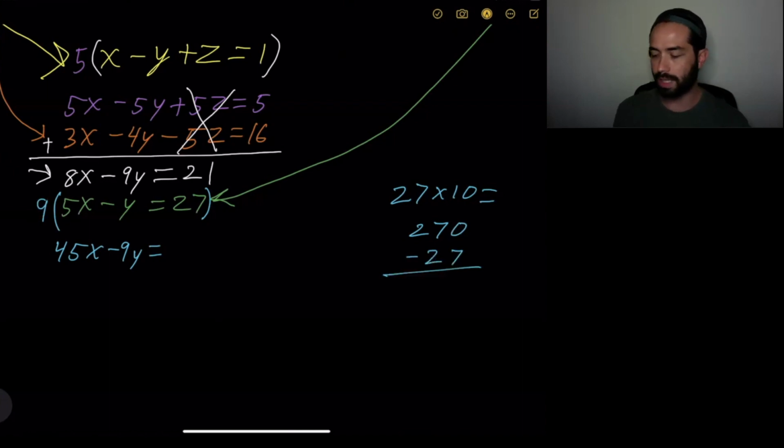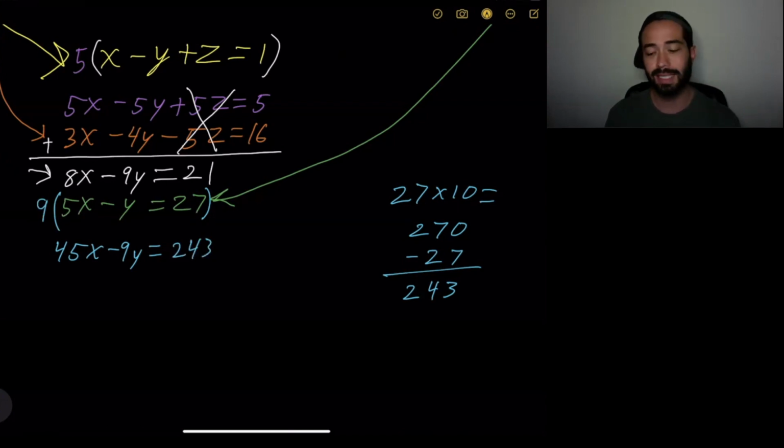Okay, and what do we have here? 3 and a 4, right? Because 43 and then 243. There it is, 243. Another way to look at it is you could do 9 times 20, and that's 180, and then 9 times 7, and that is 63. Add them together, and that is your 243.